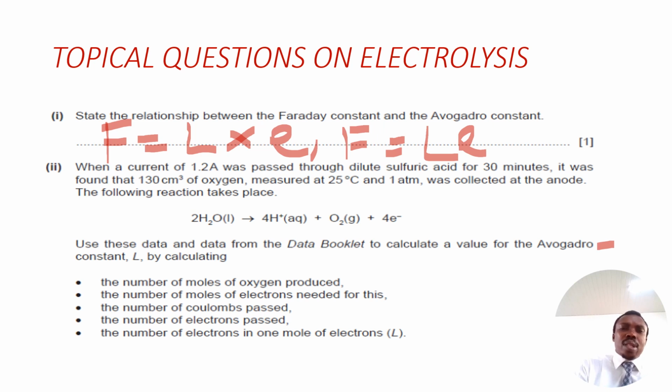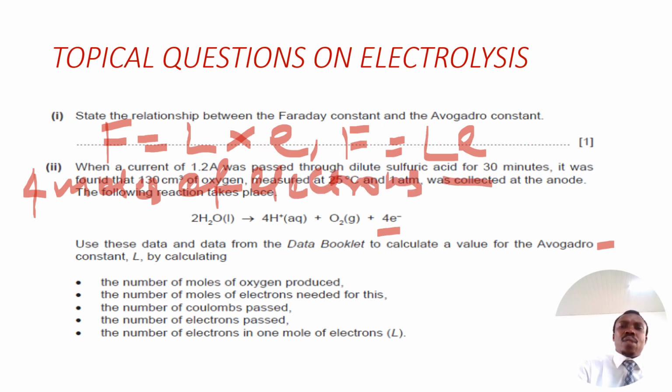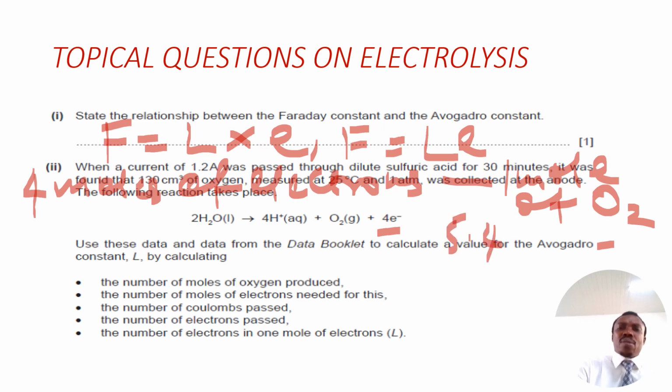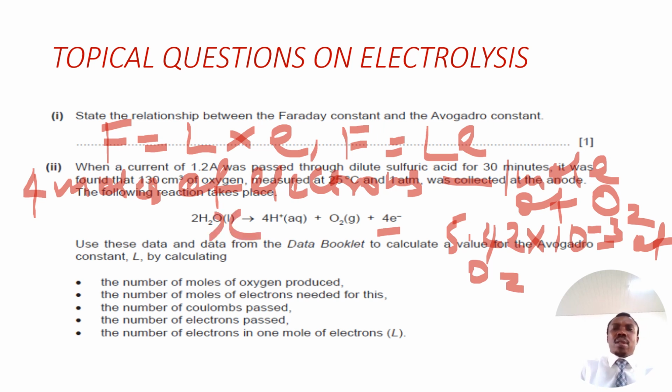Now, 1 mole of oxygen, if you look at the equation, 4 moles of electrons generate 1 mole of oxygen. So therefore, 5.42 times 10 raised to the power minus 3 moles of oxygen will generate what number of moles?